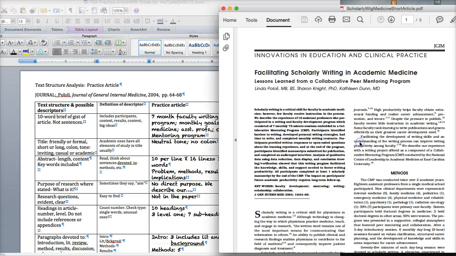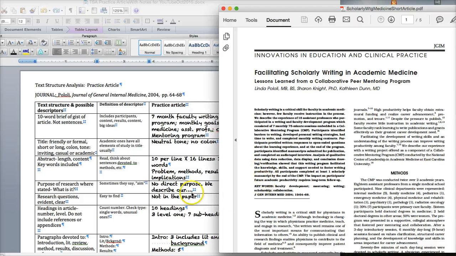And then I looked at the abstract and I thought, okay, the first sentence is about the problem. Then they talk about what were the procedures of the program. Then lots on the procedures, and then they talked about the methods, qualitative data, and then some implications for long-term recommendations for scholarly programs.